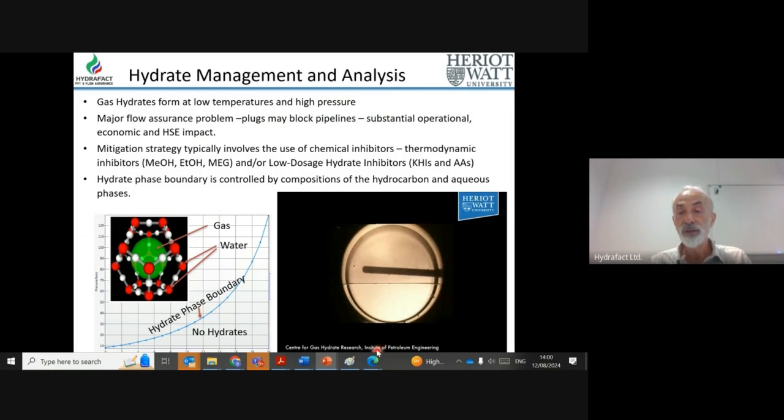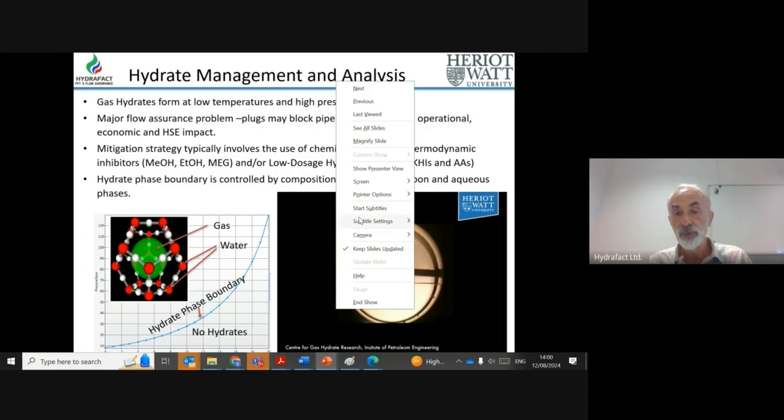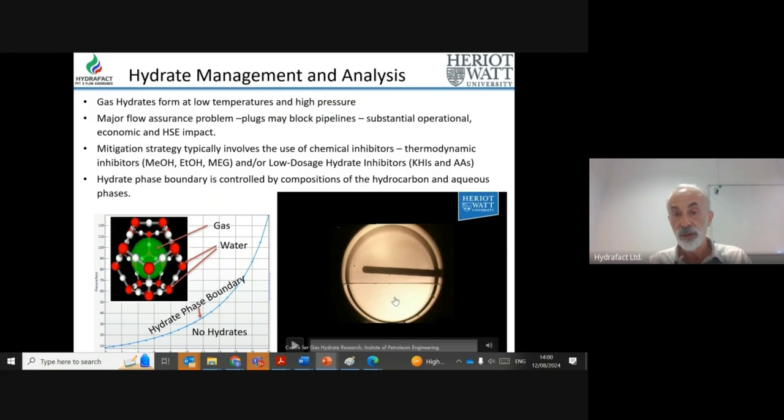And when hydrates form, we can also see the hydrate formation. See here, you can see this gas phase.